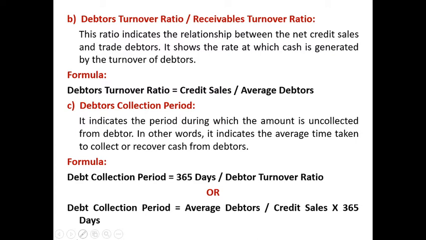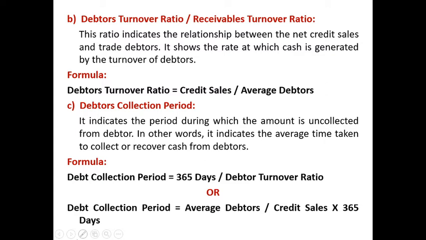The next one is debtors collection period. It is also called debt collection period. The meaning of this is that it indicates the period during which the amount is uncollected from the debtors, or the average time taken to collect or recover cash from debtors.